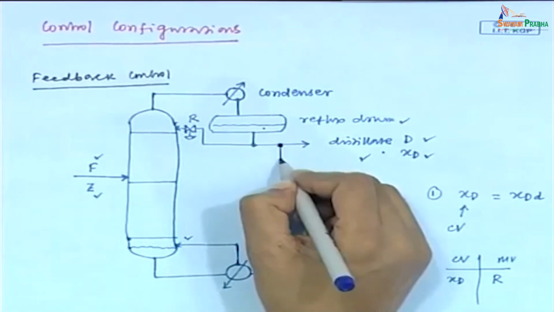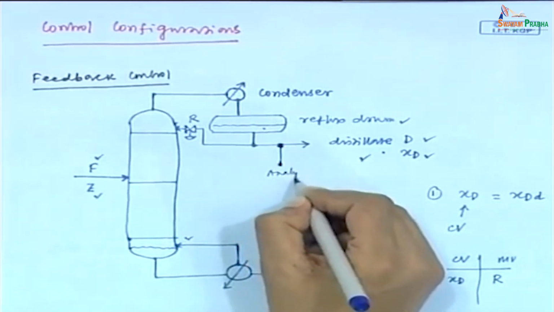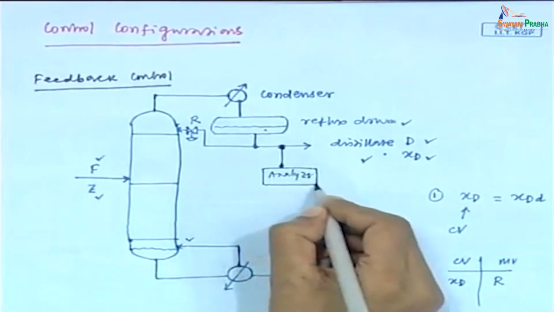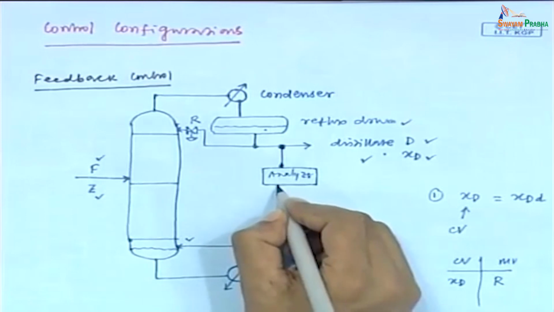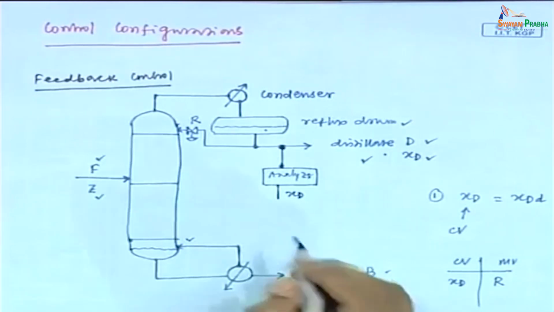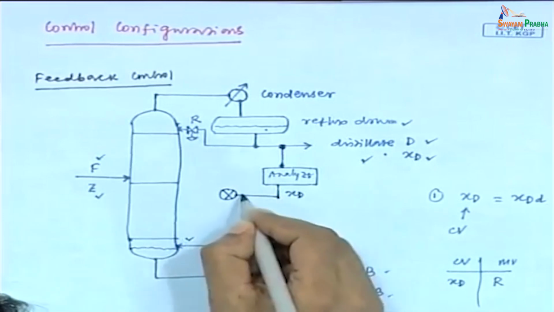So, we need one composition analyzer to measure XD. Then this analyzer gives the value of XD. Fine. Then that XD is compared in this comparator.